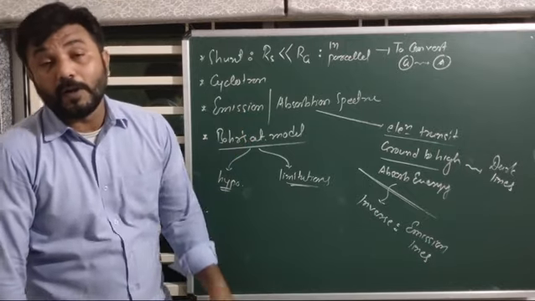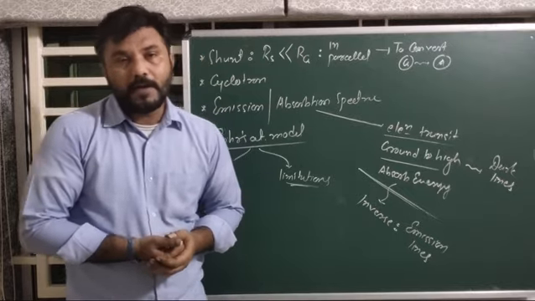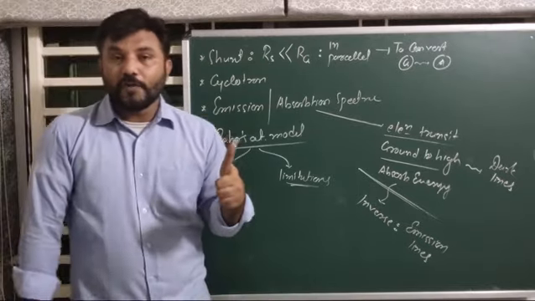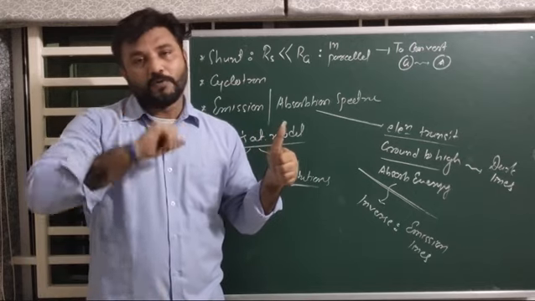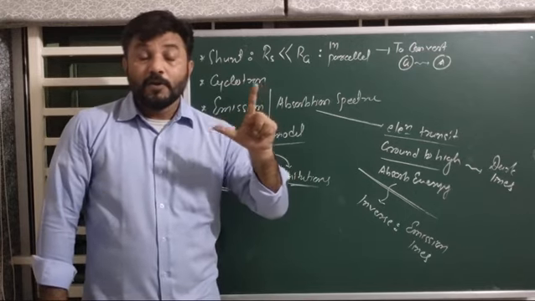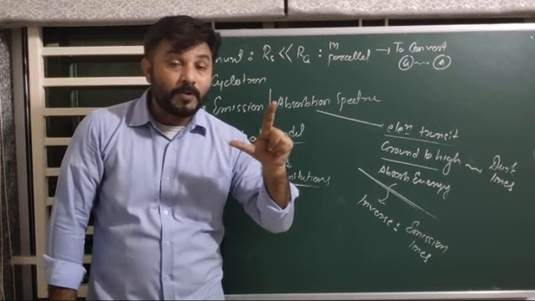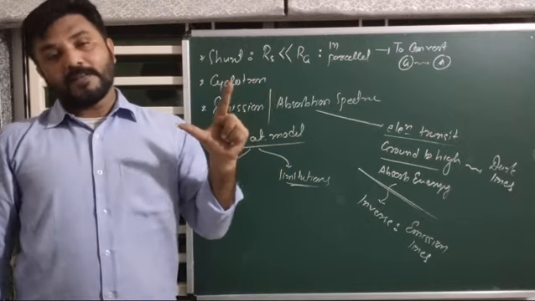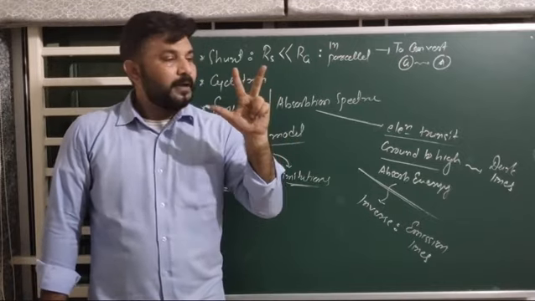Limitations of Bohr atomic model. It is a 2 mark question for the board exam. Right? Which are the limitations? First keyword, odd combination. Rest of the things you have to do. Second, it does not give information about the intensity of emitted radiation. It gives information about frequency.